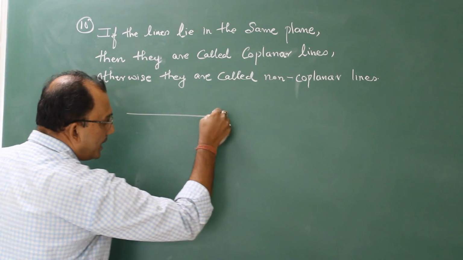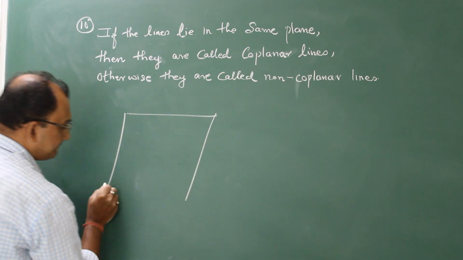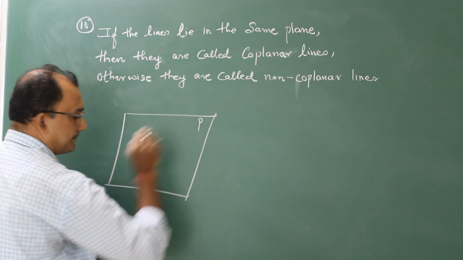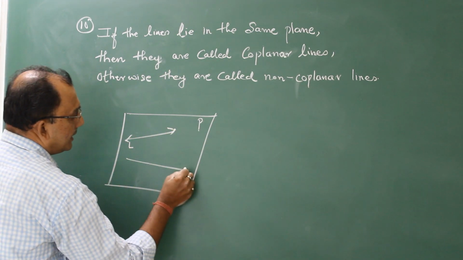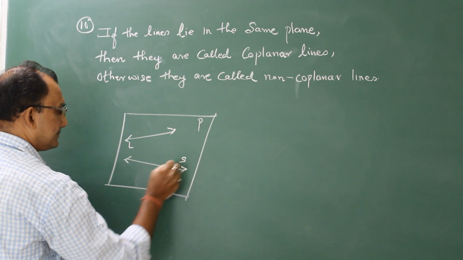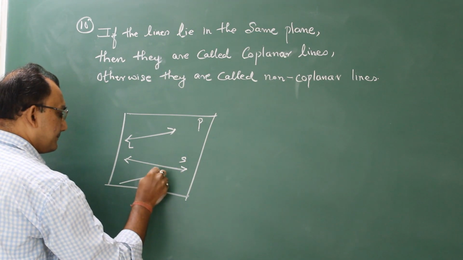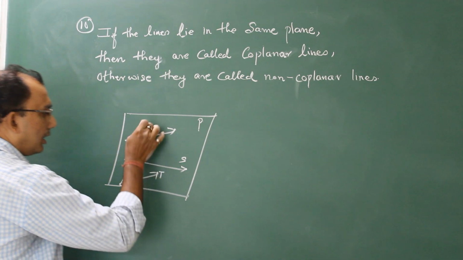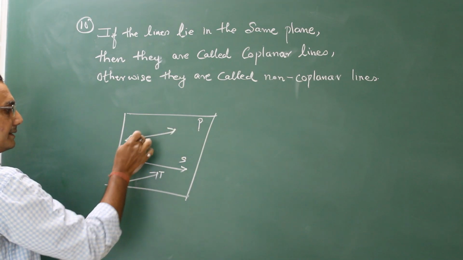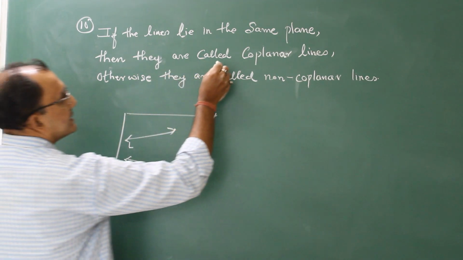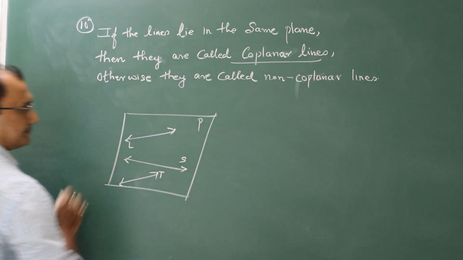So suppose we have a plane P. We have a few lines, line L, line S, line T. All these lines lie in the same plane P. Then these lines will be known as coplanar lines.